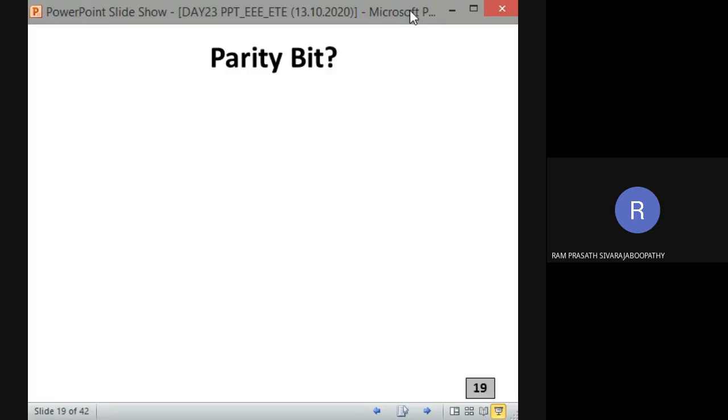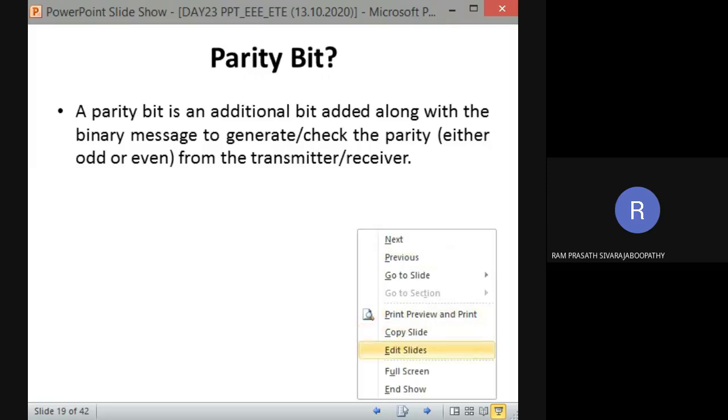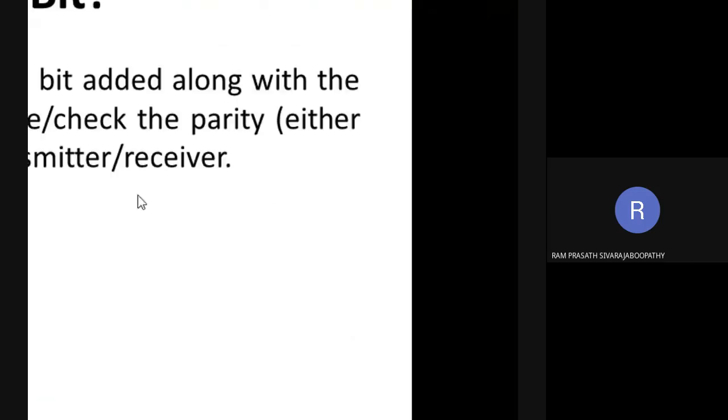So the parity bit is an additional bit added along with the binary message to generate or check. Observe carefully, underline this: generate or check. That means you can generate this bit or you can check this bit. When we generate, we generate at the transmitter side, and in the receiver side we check.